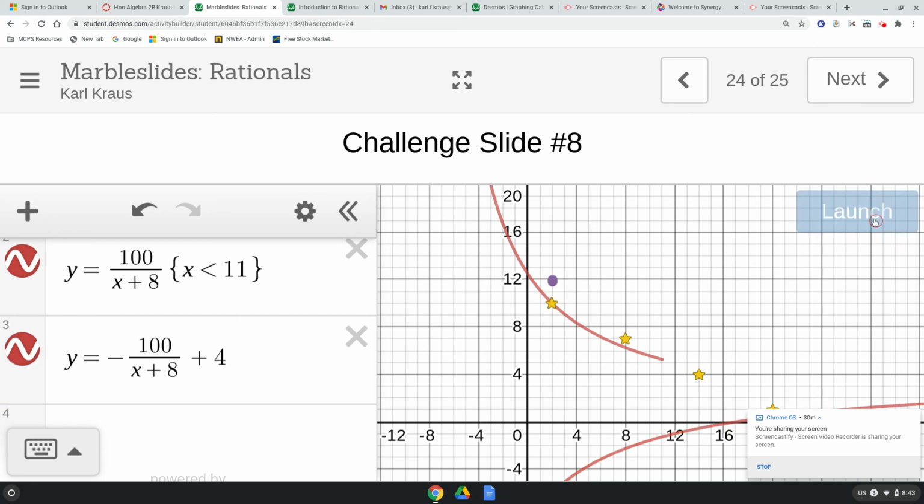See if that works. Yeah. So I just basically made a ramp and then like a safety net here to catch the marbles.